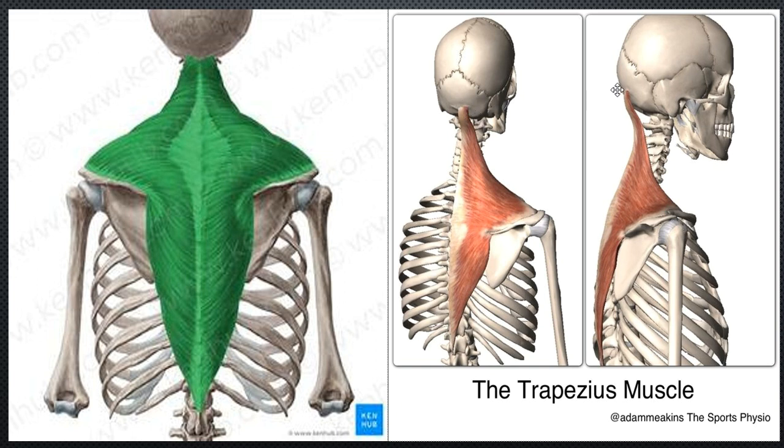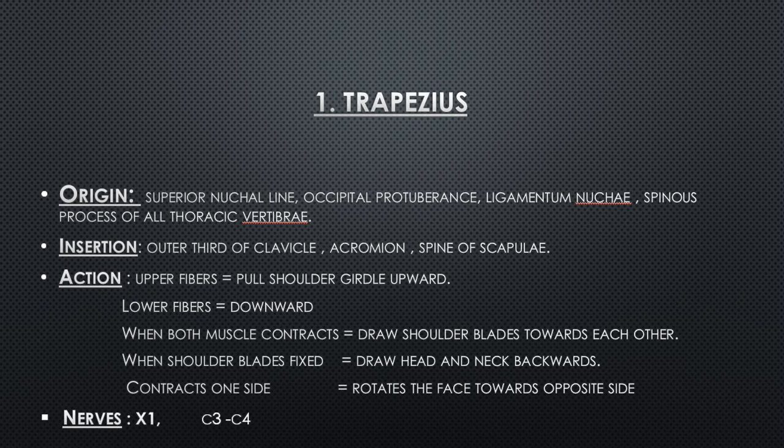Here we can see clearly the spinous process of all vertebrae. Insertion is the outer third of clavicle, acromion, and spine of scapula.